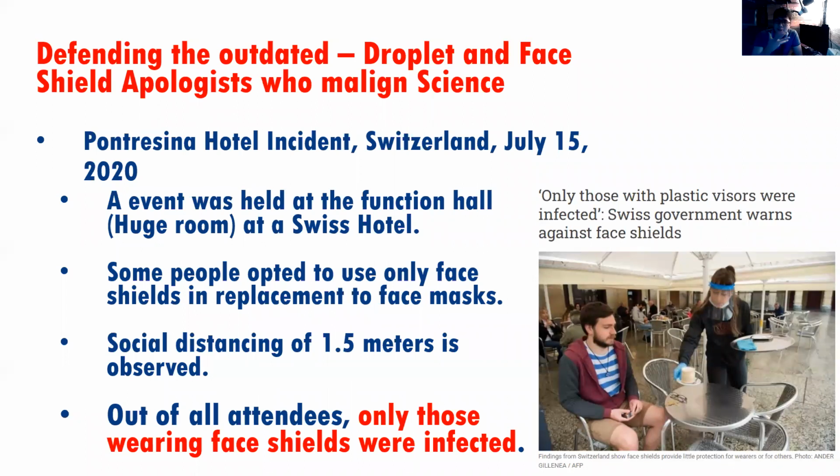Of course, since masks muffle the conversation and cause audibility issues, they tried to find substitutes, and the substitute that they found is the contraption called a face shield. Some people wore face shields, some people wore masks, and despite 1.5 meters of social distancing, only those who wore only face shields got infected. So the likeliness of getting COVID-19 actually increases when you're wearing face shields.